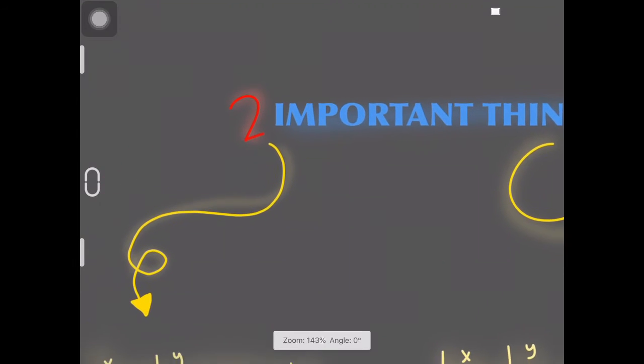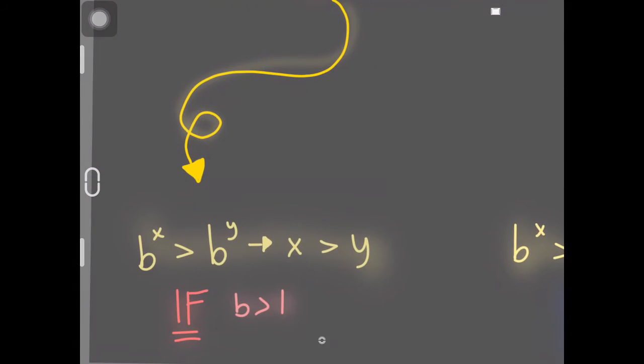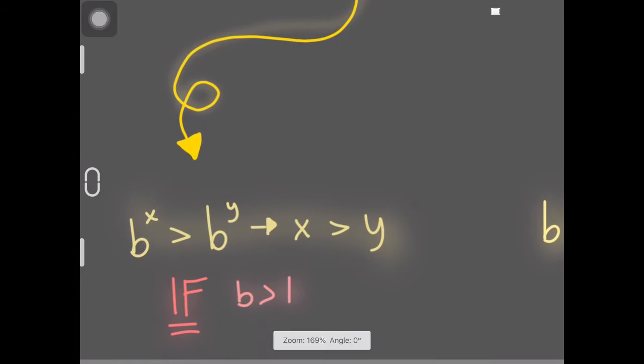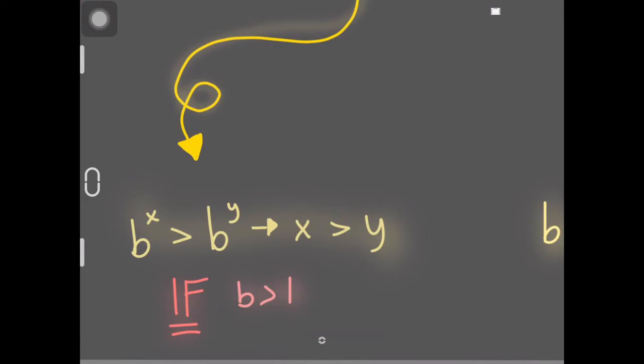The first important thing is b raised to the power of x greater than b raised to the power of y implies that x is greater than y if and only if b is greater than 1, which means if it is 2 and above, you can apply this one.